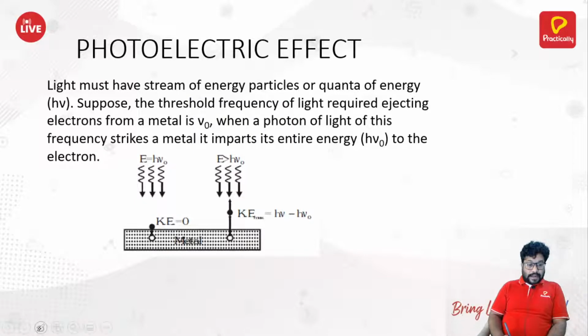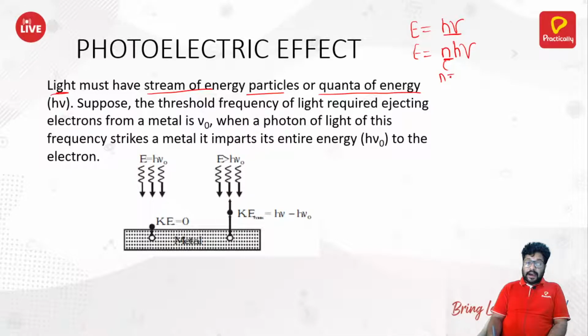Now, the next part. See, light must have a stream of energy particles, as we all know, quanta of energy. Remember, the light is getting irradiated in h nu form. What is h nu? Quanta of energy, right? E is equal to n h nu. What is n?